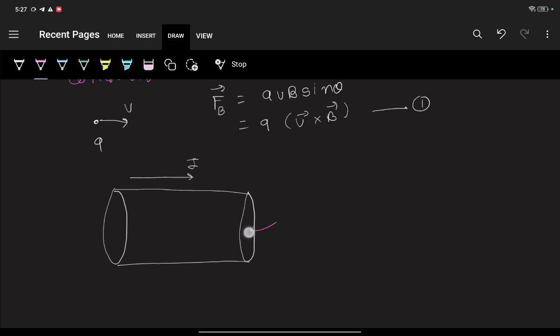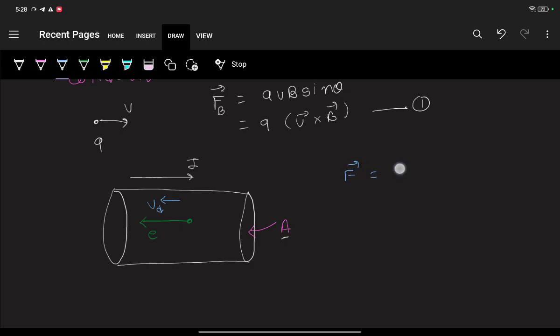Let's take the area as A, this is our conductor having area A. If the current is in this direction, electrons would be traveling in the opposite direction to the electric current. Let's say they are traveling with drift velocity vd, because charges in the conductor travel with the drift velocity. So they are traveling in this direction with velocity vd.